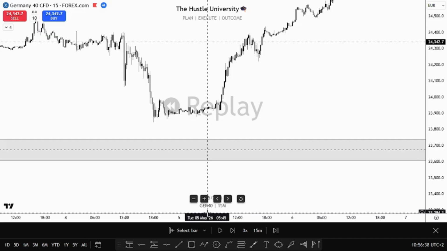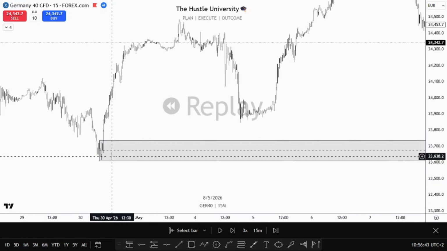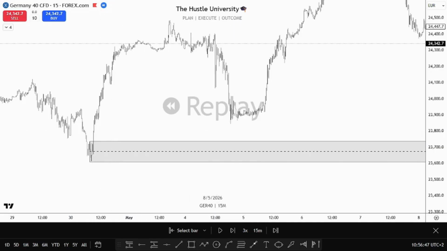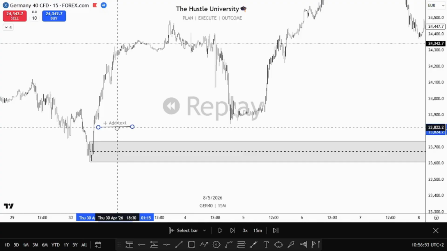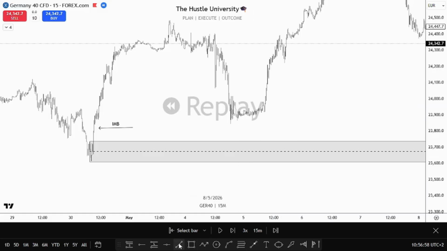So what I did is I looked at all of this. Okay, we do have this demand area, and we have the inducement, we have the fair value gap also sitting there. We have this imbalance that price pointed out, and from this imbalance we were able to get an inducement, right?